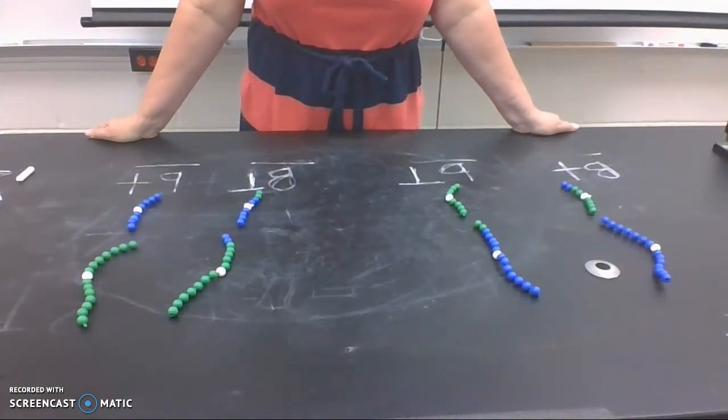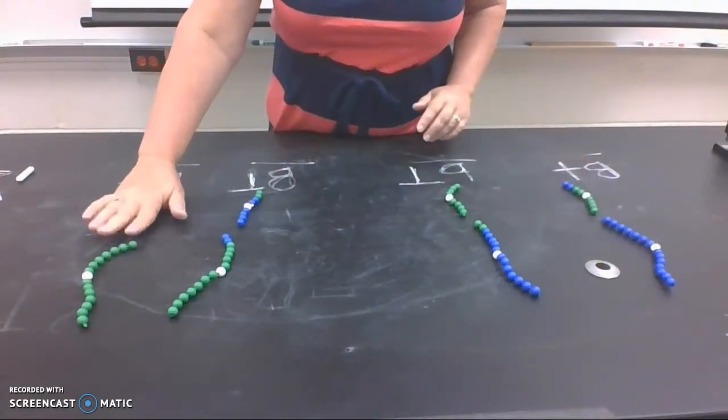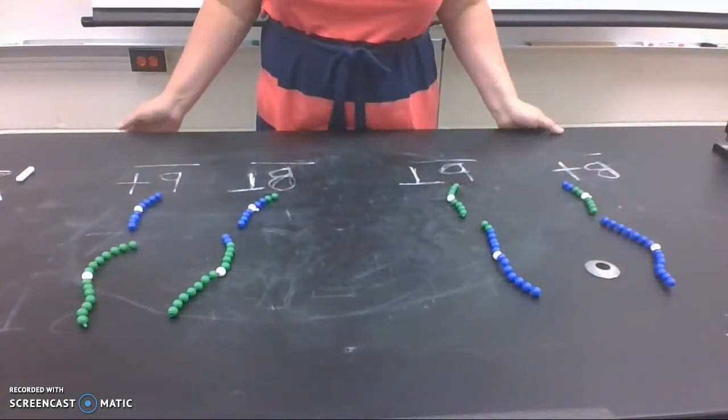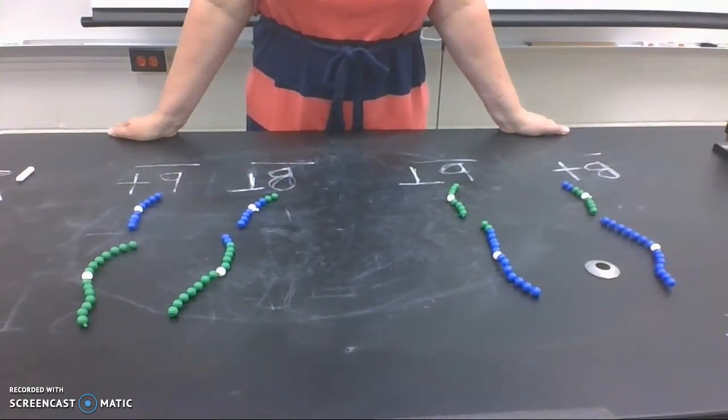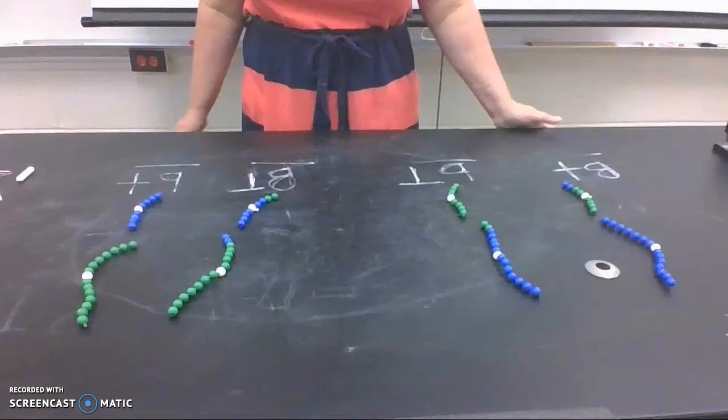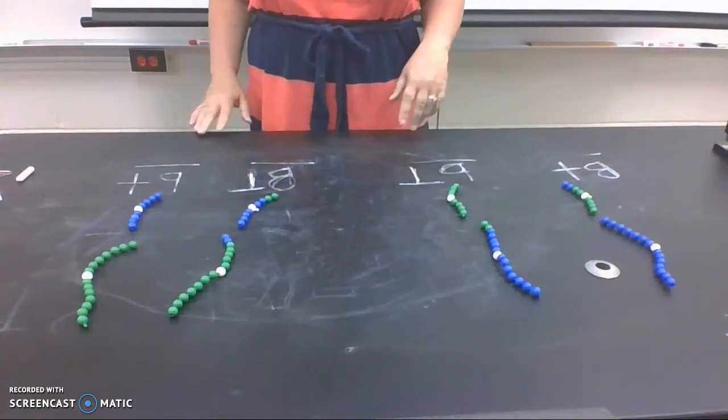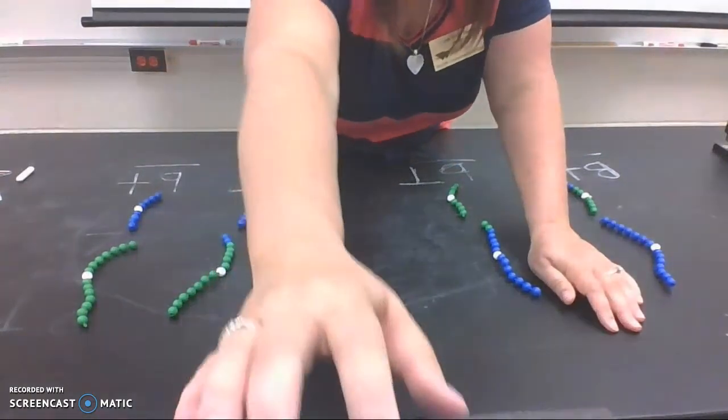After meiosis 2, you have 1, 2, 3, 4 haploid cells. And because of crossing over, and because of the independent assortment during metaphase 1, the way the homologous pairs line up during metaphase 1, we have genetic variety. So I hope this kind of helps you with the meiosis.